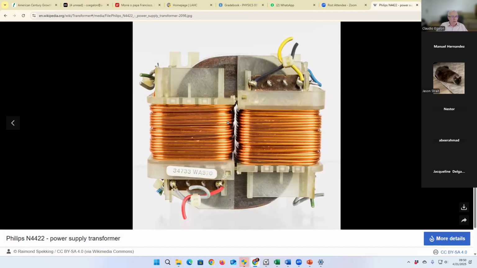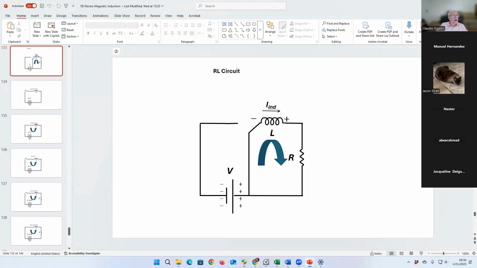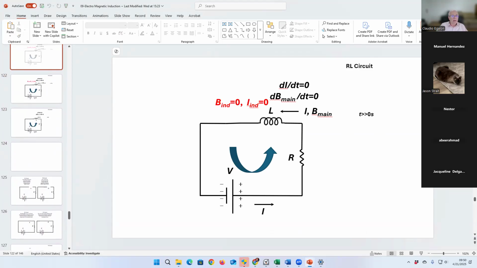So what you have here is one solenoid on the left, and another solenoid on the right. Let's go back to the drawing that I made and showed you before.